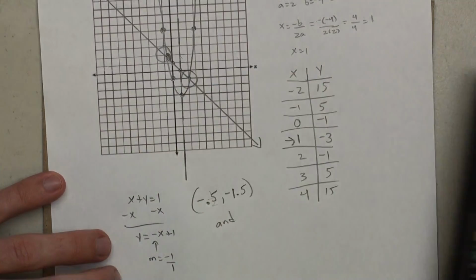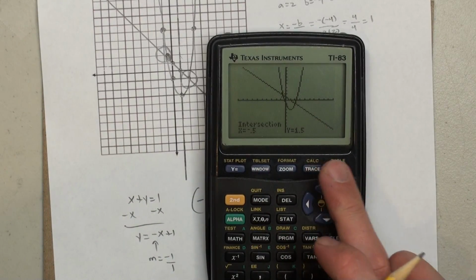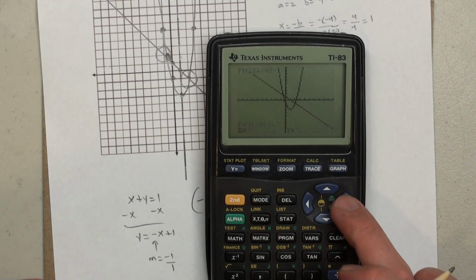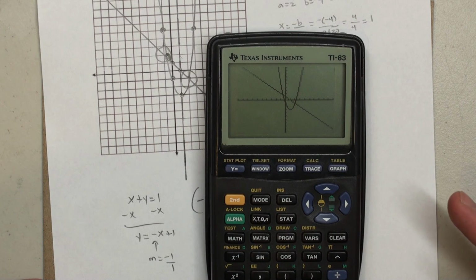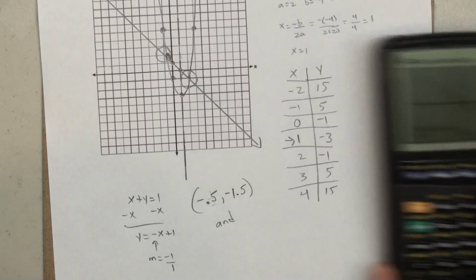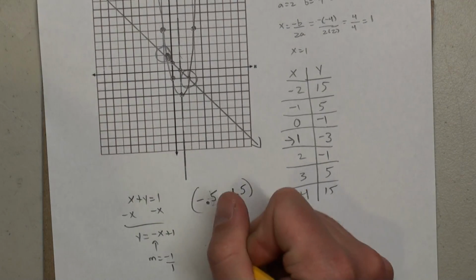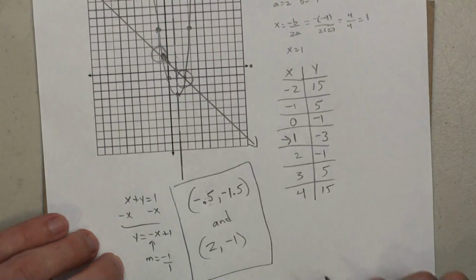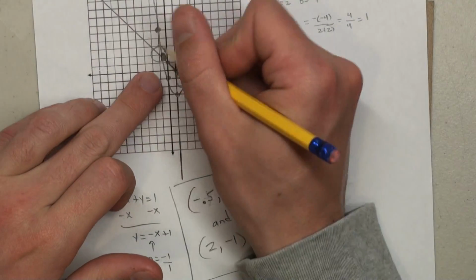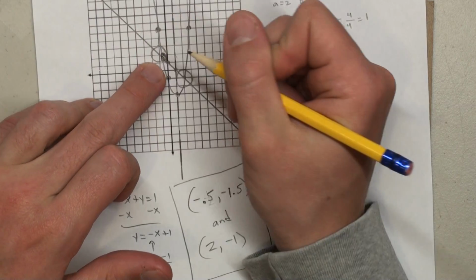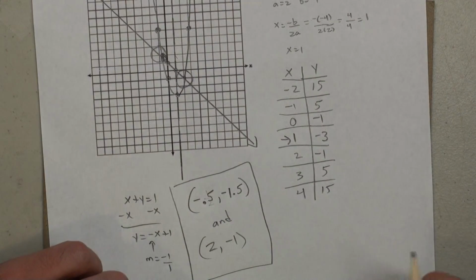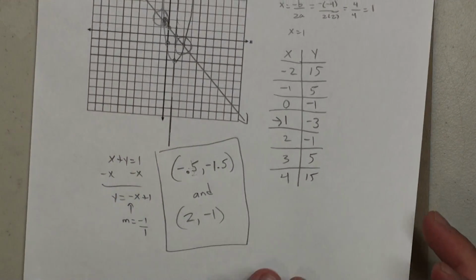And the other one, second calculate, intersect, enter, enter, enter, 2, negative 1. And that one's already right on. So I just kind of fudged this one to make sure it looked like it was crossing that point. Okay? So that's that problem.